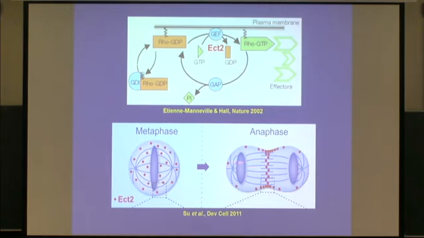Together with centralspindlin it moves towards the plus ends of microtubules, accumulates at their overlap in the central spindle, and from there it arrives at the equatorial cortex of the cell as the spindle expands. Basically, in full agreement with the hypothesis of equatorial activation.